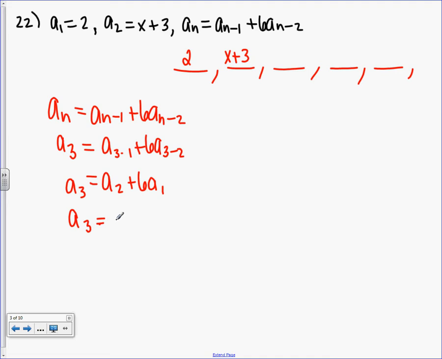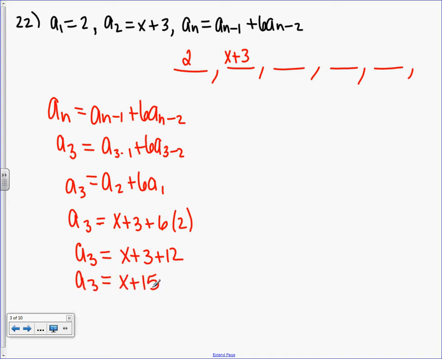What is it? X plus 3. And a sub 1 is 2. I just plugged in what I know. Is that okay? So again, x plus 3 plus 12 is x plus 15. Our third term is x plus 15.